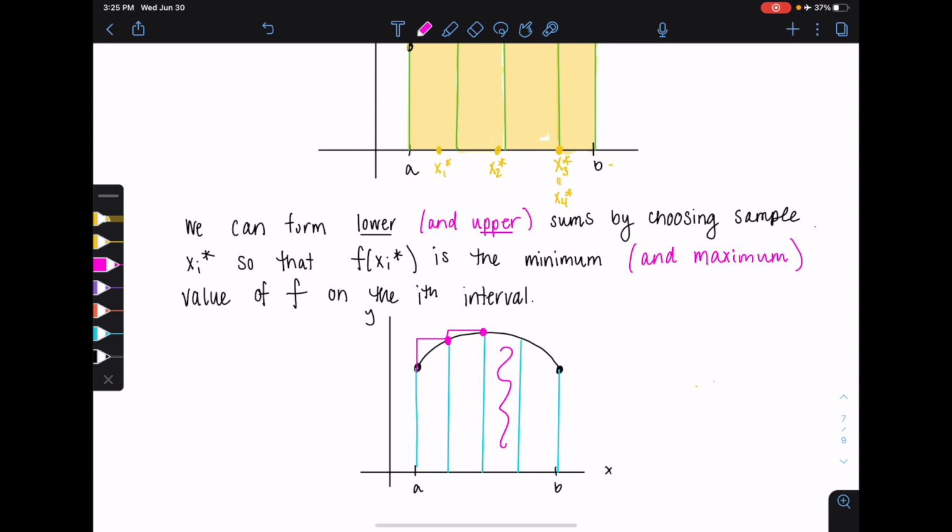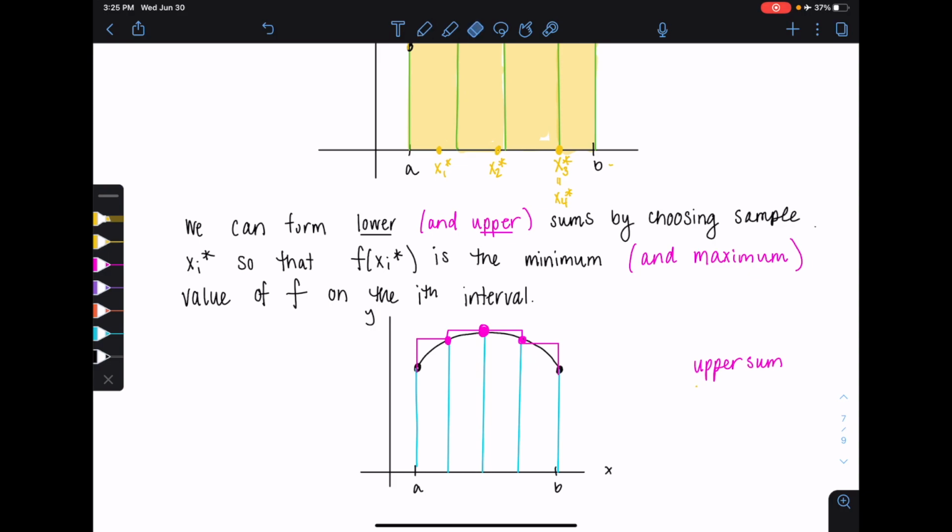On this strip, I'm going to pick this same point again because that's the tallest that this thing possibly is. And on my final strip, I would pick the left end point because that will give me my over approximation on that interval. So the pink ones give us the upper sum.